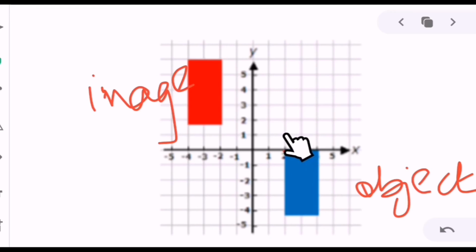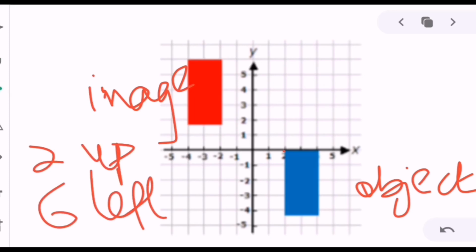So we have 1, 2. Then we move to the left until we get there: 1, 2, 3, 4, 5, and 6. So it's 2 units up and 6 units to the left.